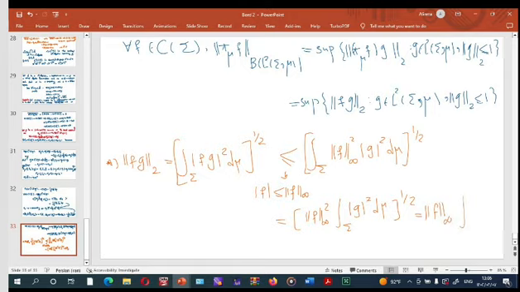multiplied by this integral G to the power of 2 d mu sigma by this power, and we know that this is the L2 norm.